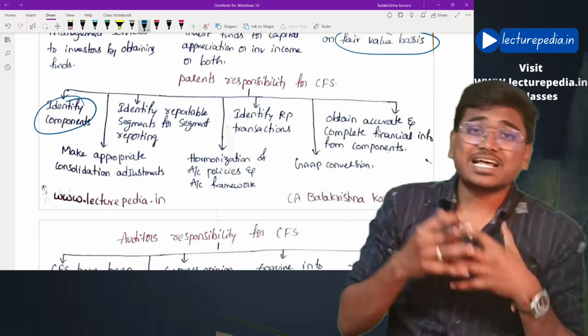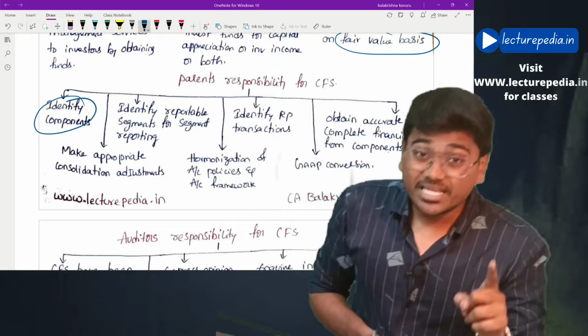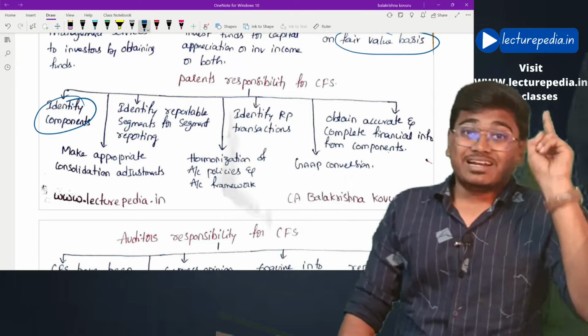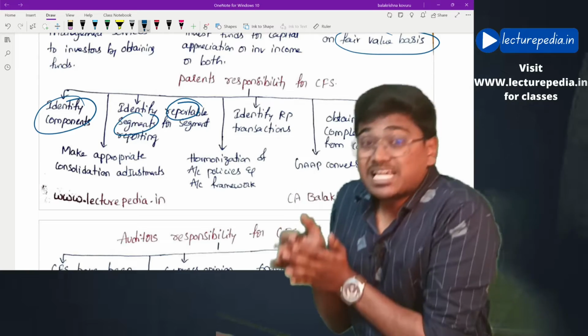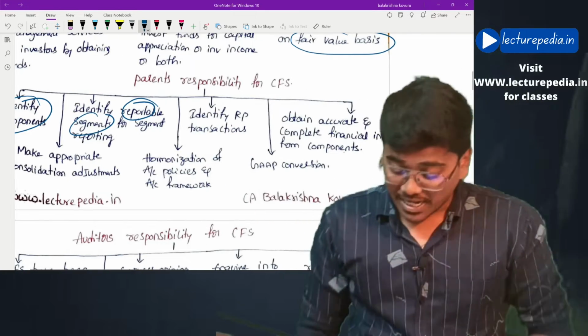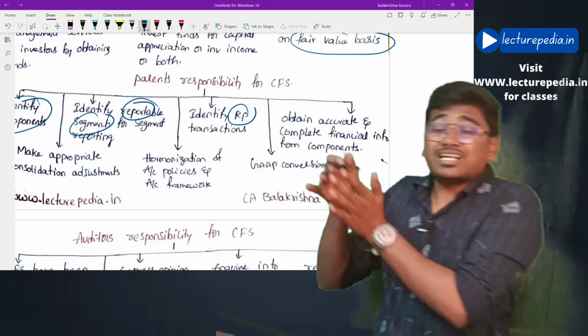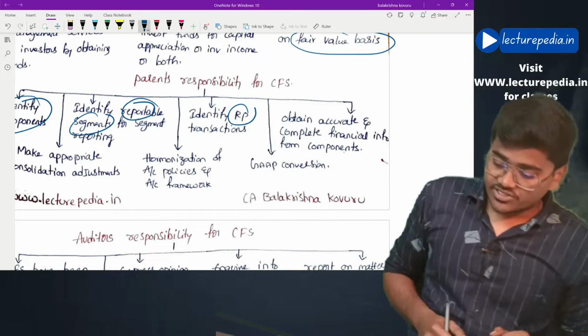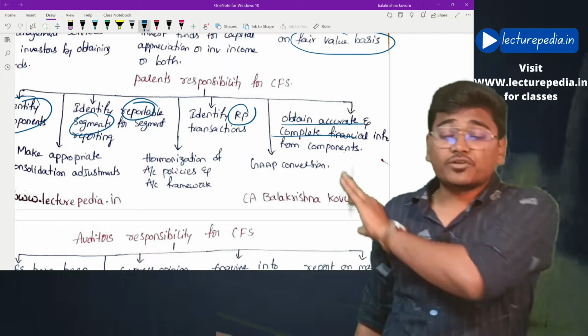All this data has to be collected and included in the consolidated financial statements by the parent company. Okay. Next, it has to identify reportable segments for the purpose of segment reporting. Okay. Next, it has to identify related parties and related party transactions for the purpose of disclosure and reporting in consolidated financial statements. And it has to obtain accurate and complete financial information from all the components.